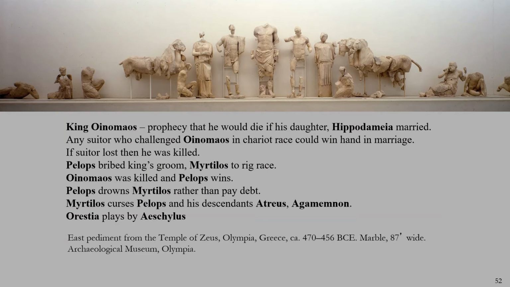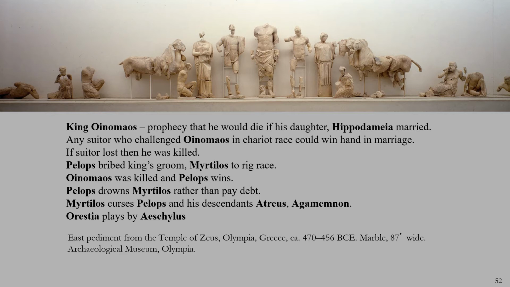This is from the East Pediment. This tells the story of a king named Oenomaus, who heard a prophecy that he would die if his daughter married. And any suitor who challenged the king in the chariot race could win her hand in marriage. But if the suitor lost, then he was killed.